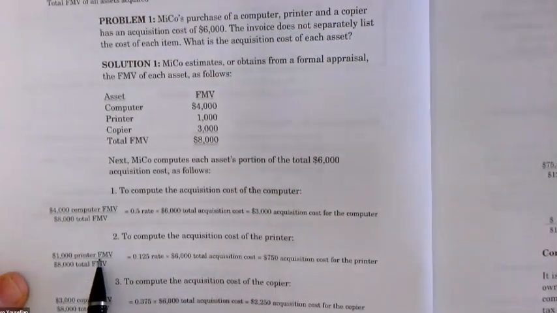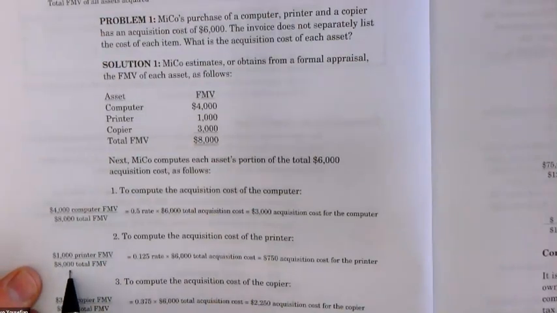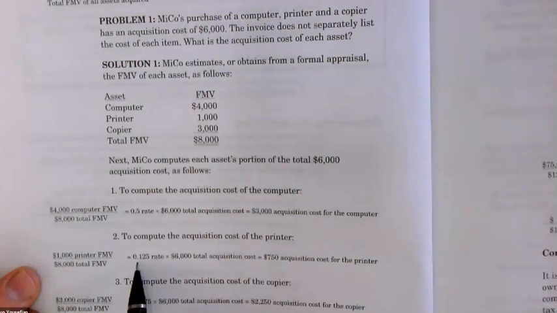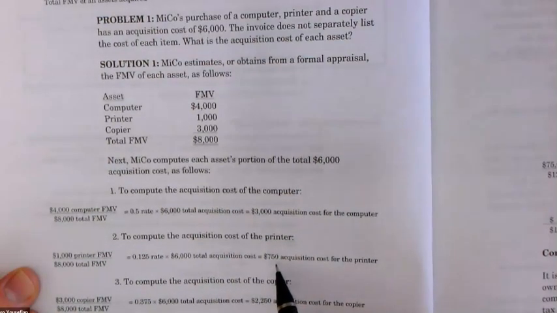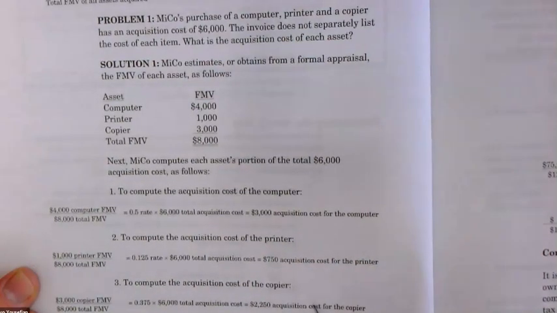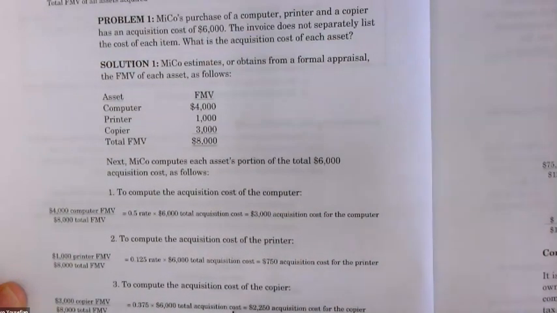For printer, the fair market value is $1,000 out of total fair market value of $8,000. That gives us a rate of 0.125 times the $6,000 basket purchase, which gives us $750 that needs to be recognized in the printer T account for the equipment.